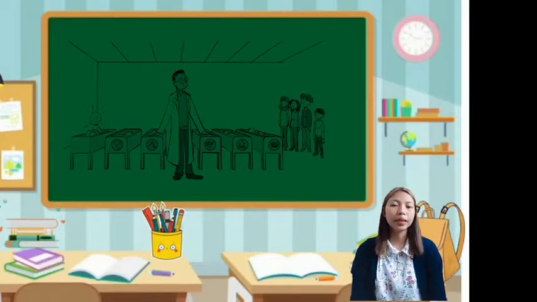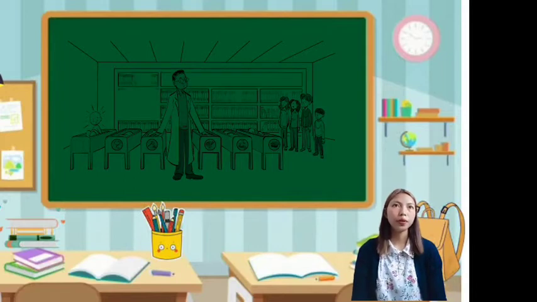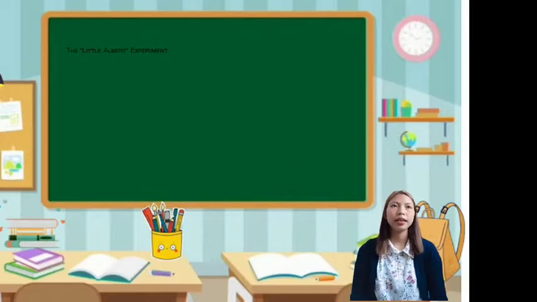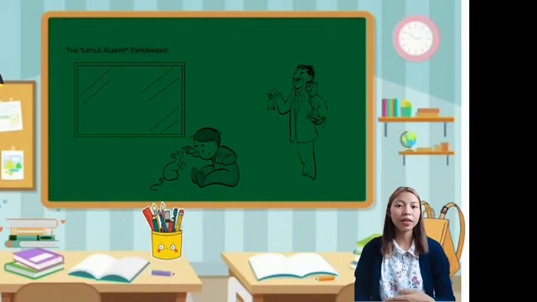First, he completed experiments with 8-month-old Albert, which he called the Little Albert experiment, and later he applied his theory when raising his own children. In essence, he applied the scientific method to human psychology, which he called behaviorism.